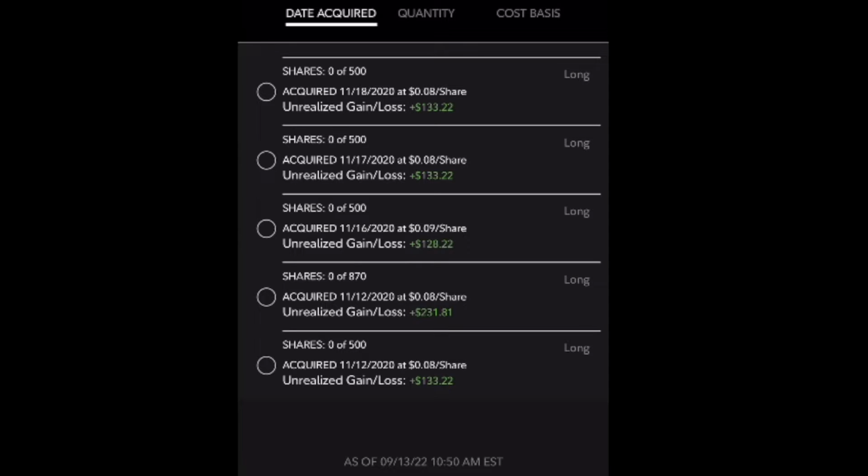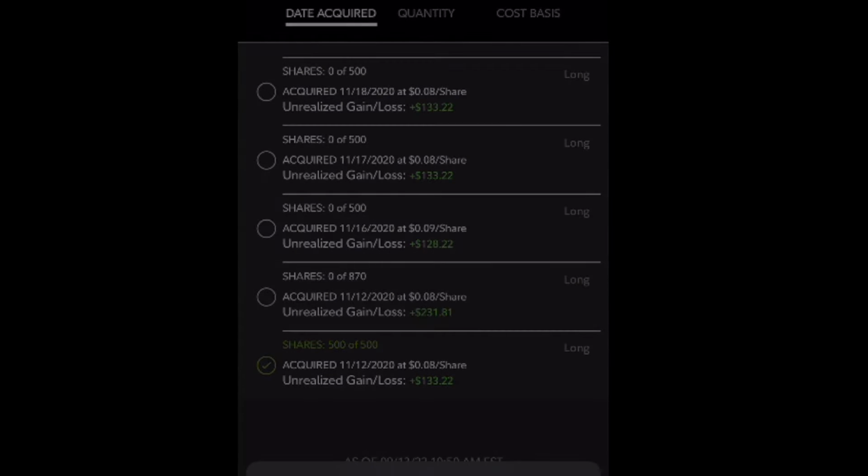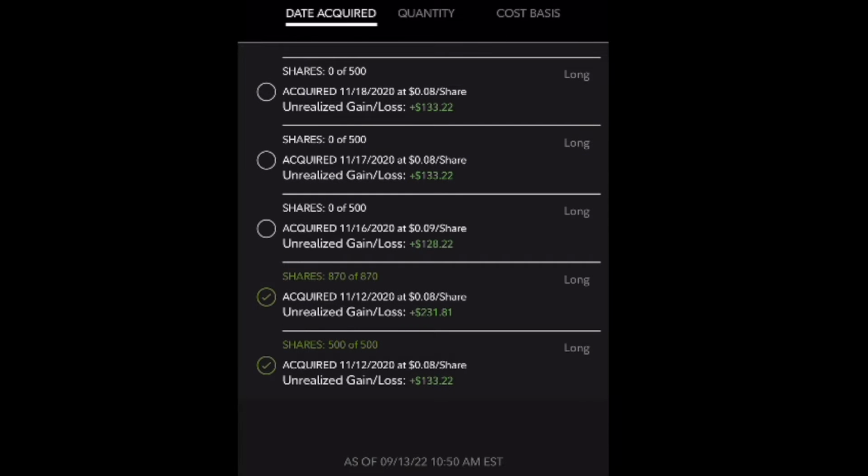I'm taking a profit. So I'm going to tap on that, apply all quantity, and I'm also going to do 11/12/2020 right there because that's 870 shares and this one's 500 shares. I want to sell the ones that I bought the longest time ago at the lowest cost.